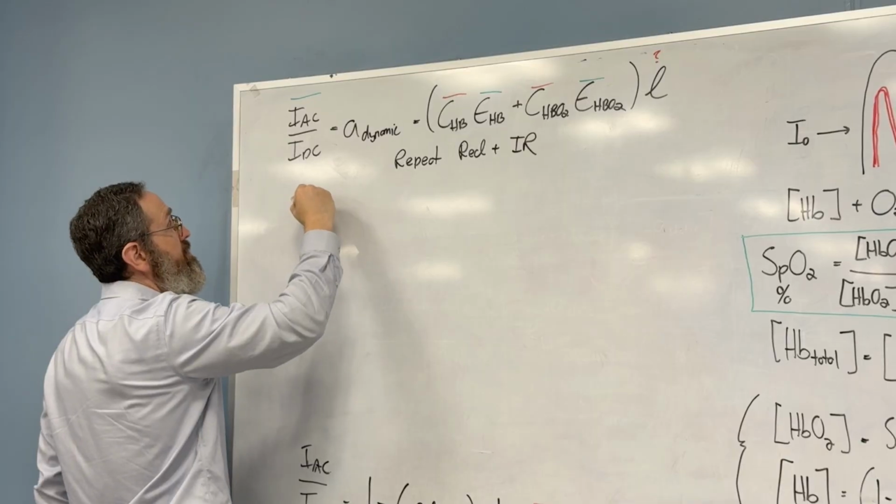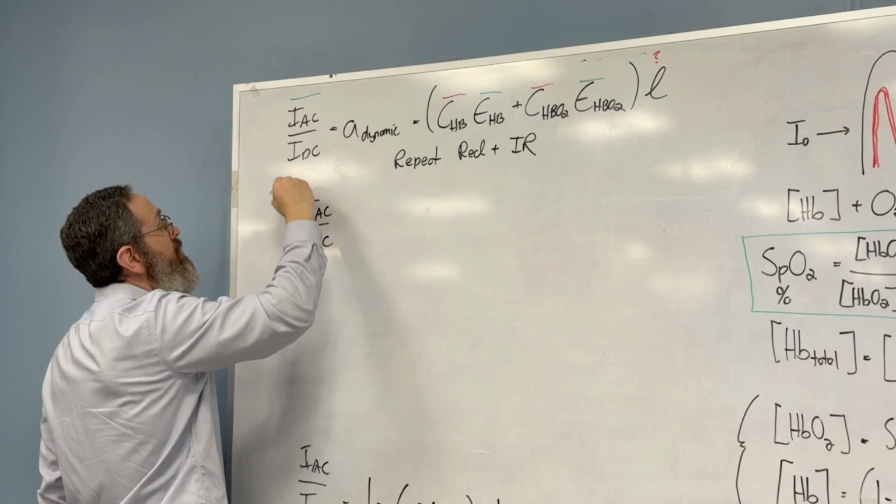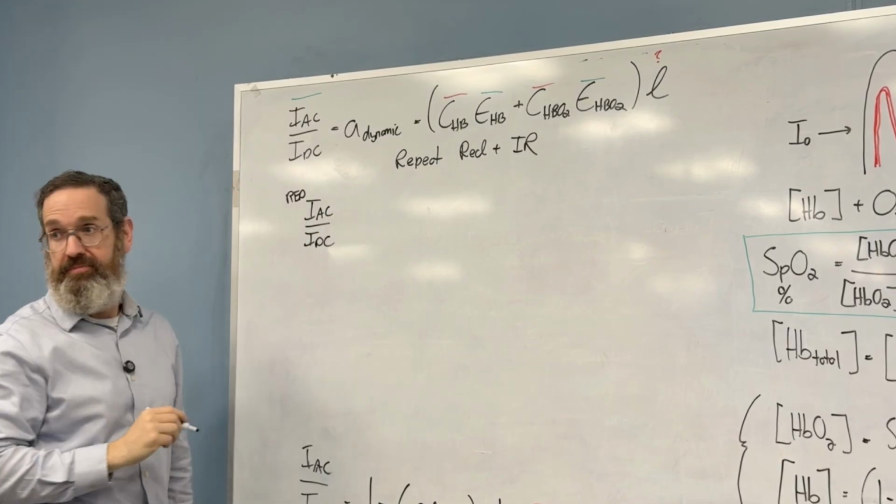So what I'm going to do here is I'm going to say IAC over IDC, and I did this for red.